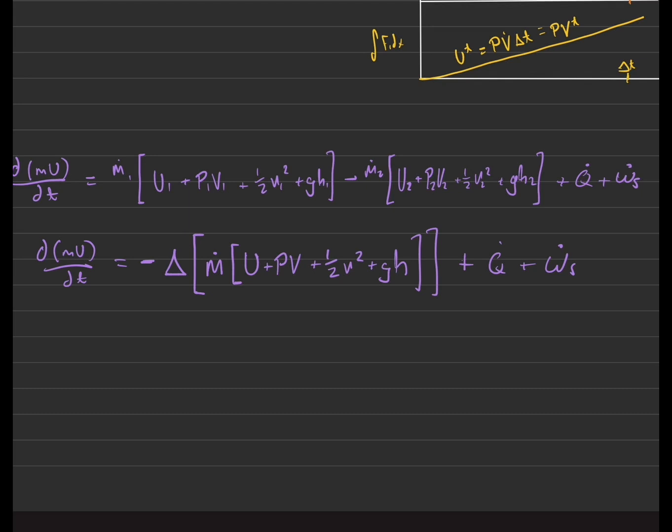Now this term here is a very particular term. Again, we talked about this before. It's a term of convenience. We like to group flow work with internal energy into a single term, and we like to call that enthalpy. So enthalpy is going to be equal to internal energy plus the product of the pressure and the volume.